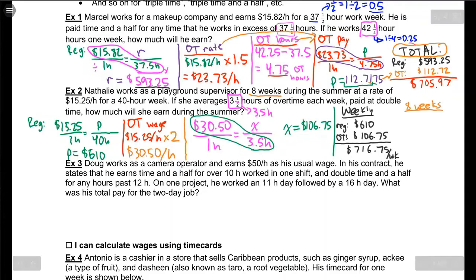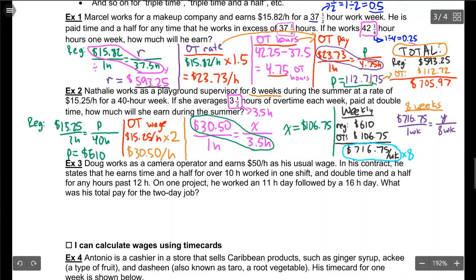So for 8 weeks, you can solve this in 2 ways. You can think of this rate that we just found as a unit rate. And when you've got a unit rate, you can just multiply by your number of units to figure out your pay. So if you understand that, you can just multiply by 8 and get your answer. If you aren't as confident with that, that's okay. Set this up as a proportion. So we've got $716.75 for 1 week, and we want to know her pay for 8 weeks.